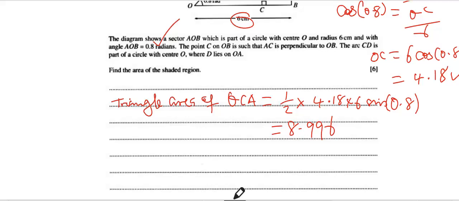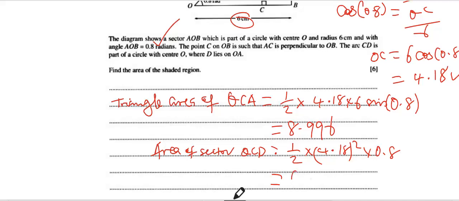Now we can look at the area of sector OCD. So area of sector OCD will be given by a half, then base times height, this is 4.18 squared, multiplied by 0.8. So this will give us 6.989.